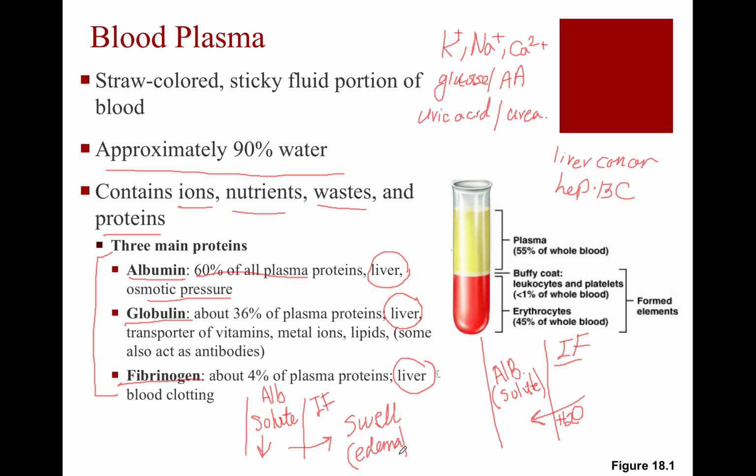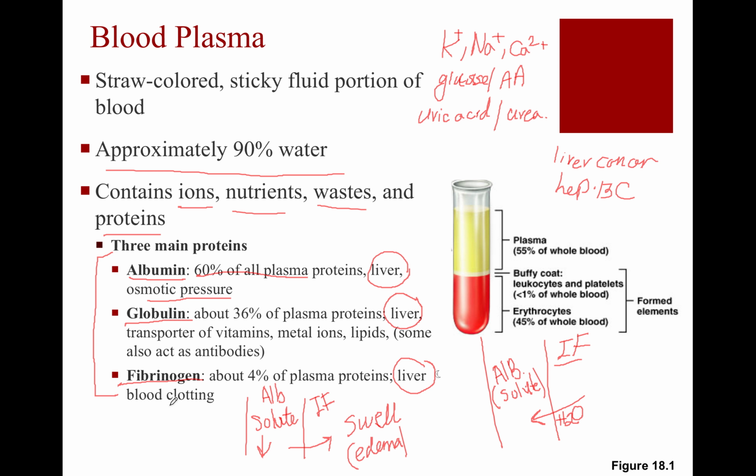Now, the second type of protein that we have is called globulin, not to be mixed with globin. It's about 36%. It's still produced by your liver, but its job is most likely similar to a taxi driver or a taxi. It transports vitamins, metals, ions, lipids, and in some cases also acts as an antibody.